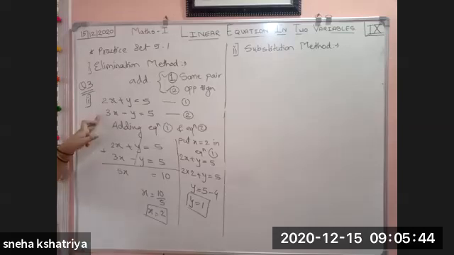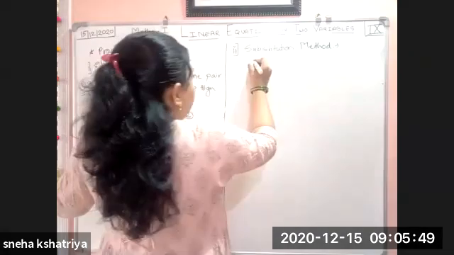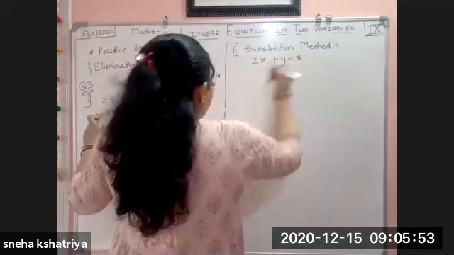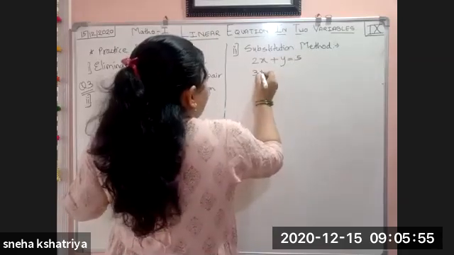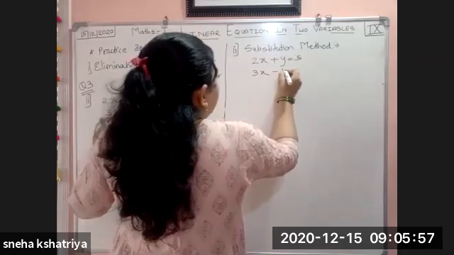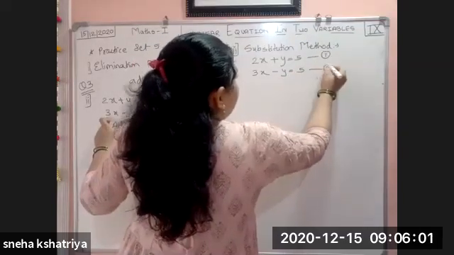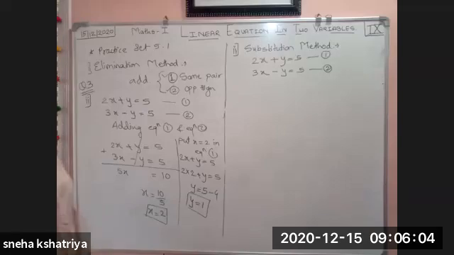Now the same example we are going to solve by substitution method. I am going to write down this equation again here. 2x plus y is equal to 5, 3x minus y is equal to 5. Say it here equation number 1 and equation number 2.